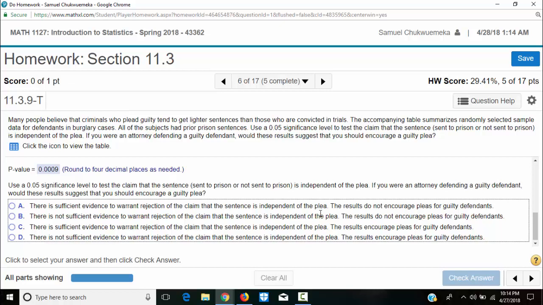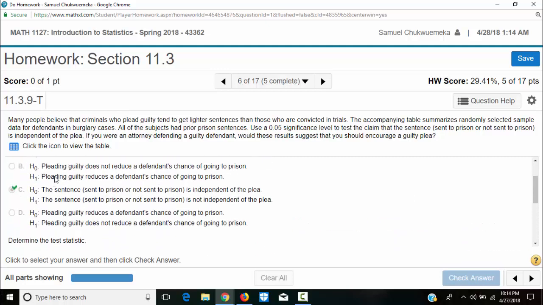Because there is sufficient evidence to reject this null, pleading guilty tends to actually get lighter sentences.